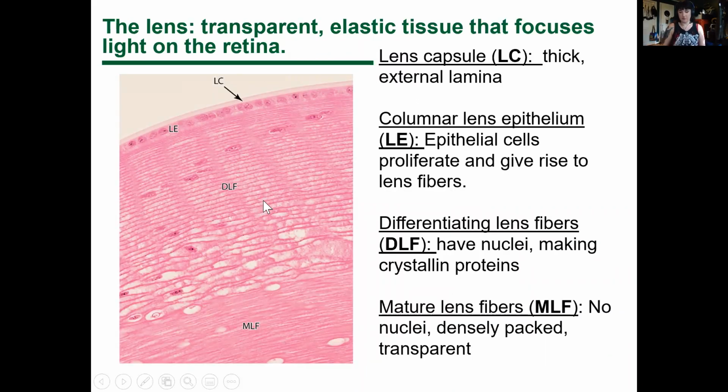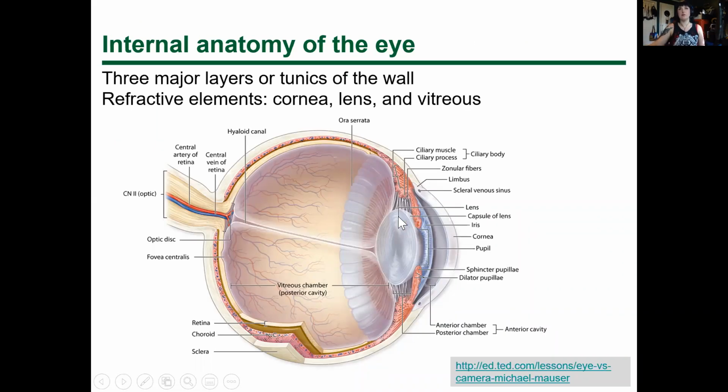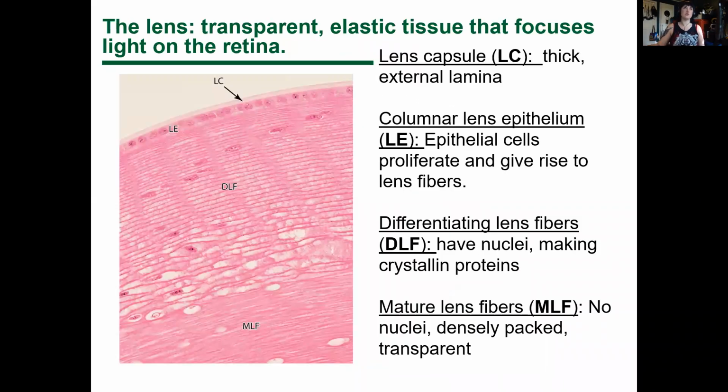The lens, let's go back really quickly. The lens is this big transparent structure here, and it's actually made out of connective tissue. So it is cellular and it's comprised of living cells. So if you want to make a structure that is flexible and living, but transparent, you have a problem.